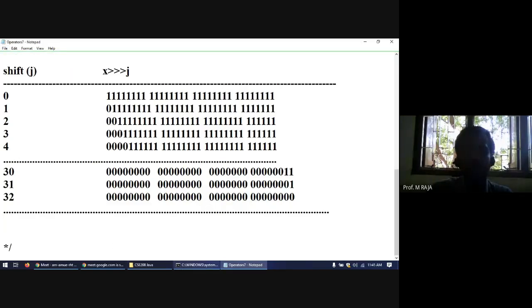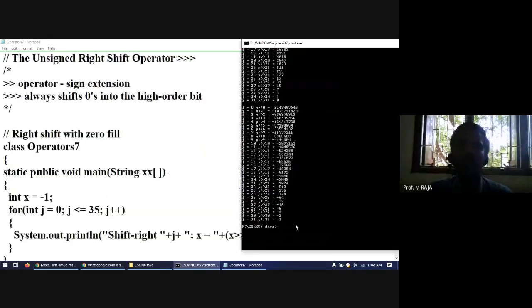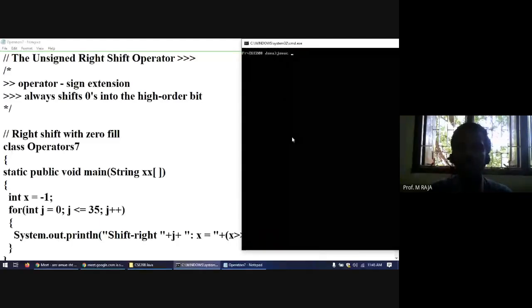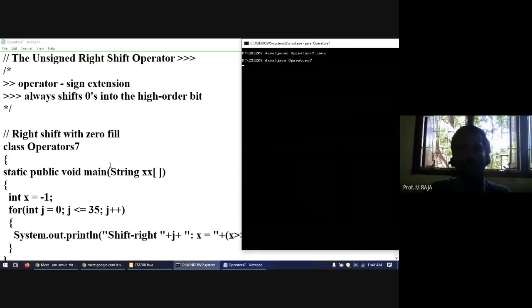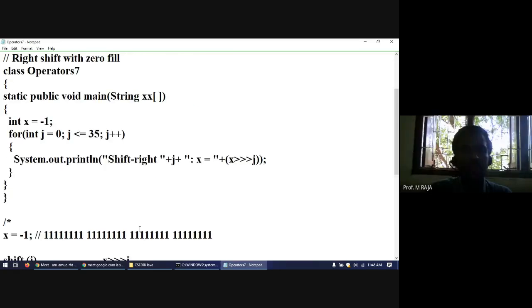So let us check the result. What is our code? Class operator 7. Javac operator 7.java. Java operator 7. -1, we are performing for how many number of times? 35 times.